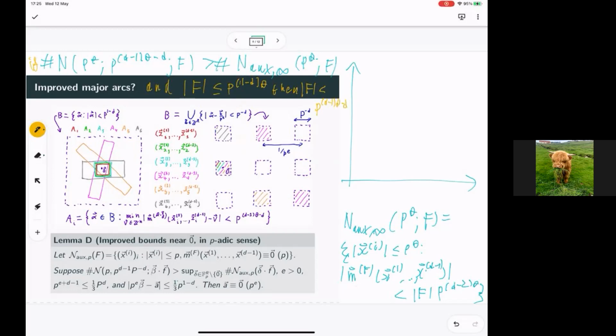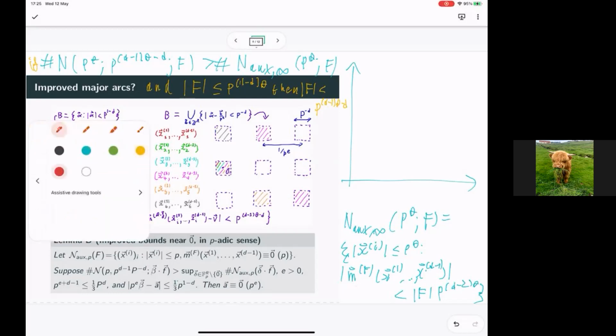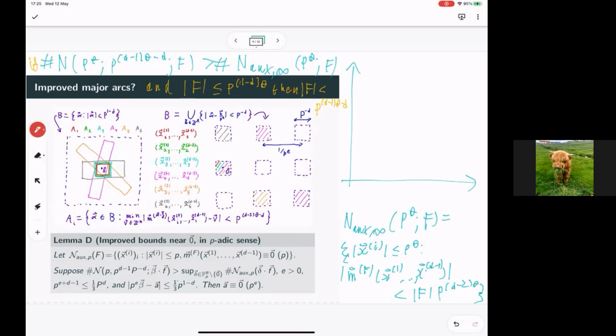There we go. So one can think of taking the form capital F to be essentially alpha dotted with our system F, and then the coefficients are going to be roughly the same size as the vector alpha. The size of the largest coefficient is going to be roughly as large as the vector alpha.